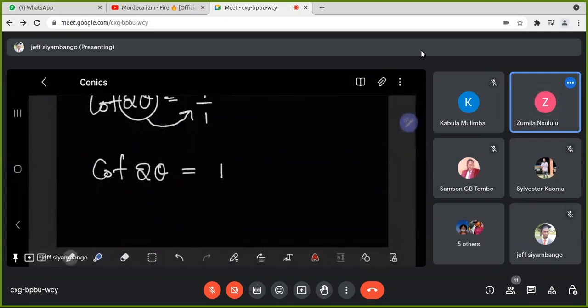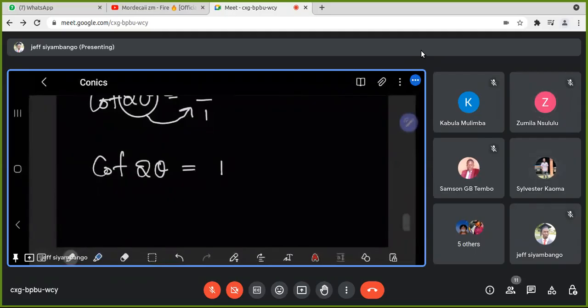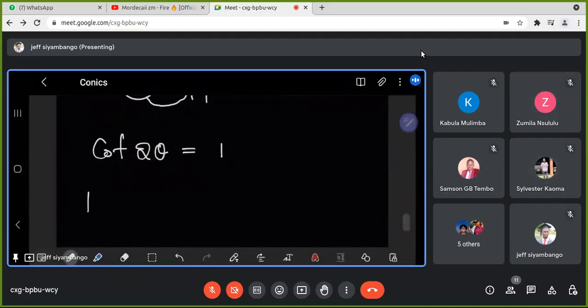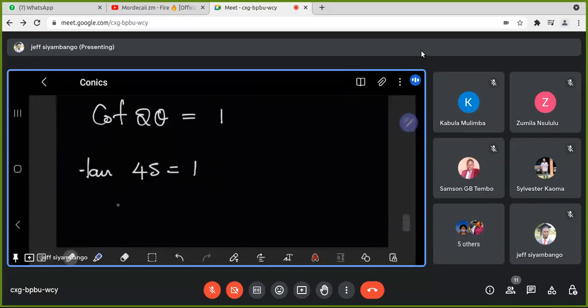Okay. So all you know here is this. Firstly, you know that tan 45 is equal to 1. So it implies that if you have 1 over tan 45, which is basically just cot 2 theta, this has to be equal to 1 as well.